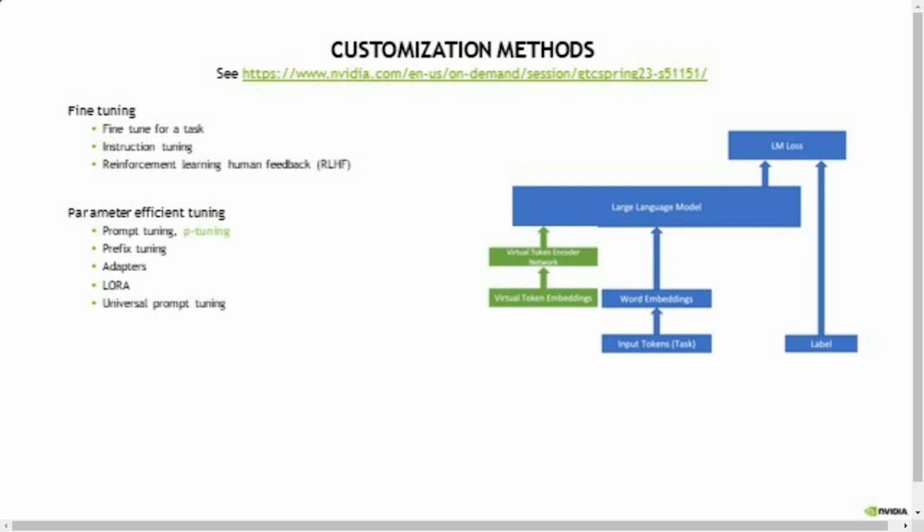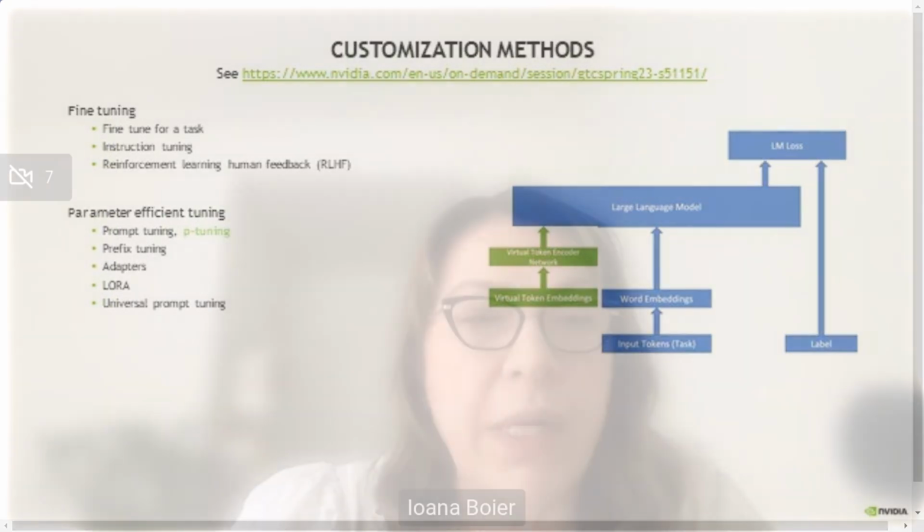It turns out that adding and training this small network in addition, while keeping the whole part that's in blue fixed, is actually very effective for a variety of tasks and with relatively little data. So you don't need that much data in order to achieve good performance with these techniques. And then there are a number of other techniques that you can check out at this link.